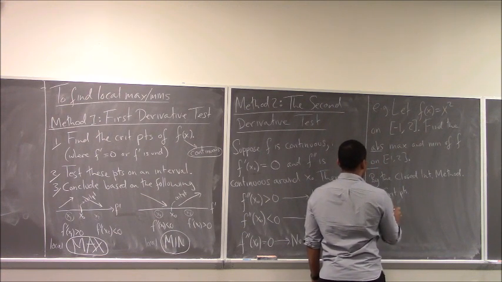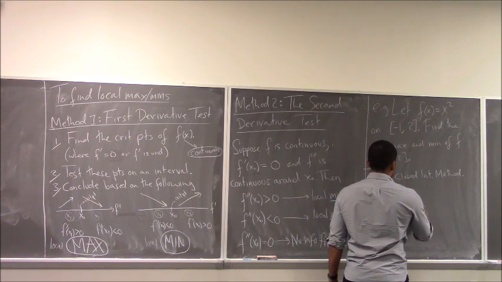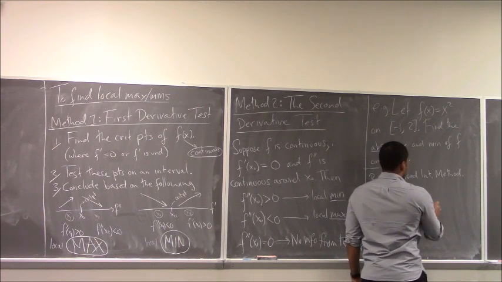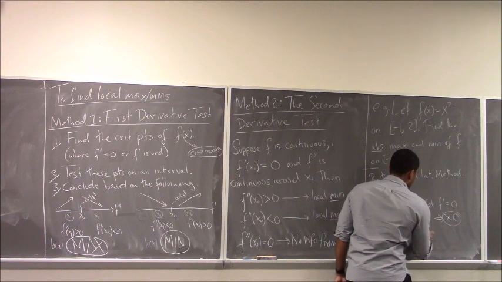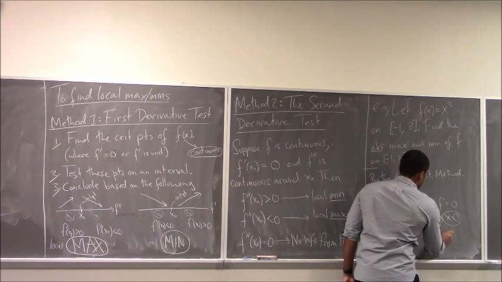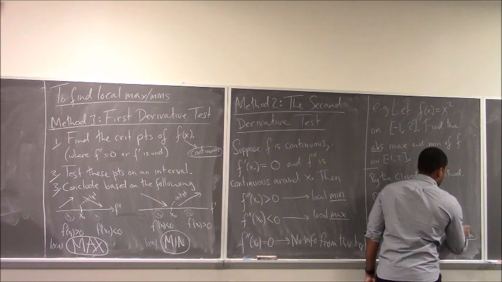So I find f prime, that's equal to 2x. If I set f prime equal to 0, I get x equals 0. Set f prime undefined, no solution, right? Because it's a polynomial, it's always defined.